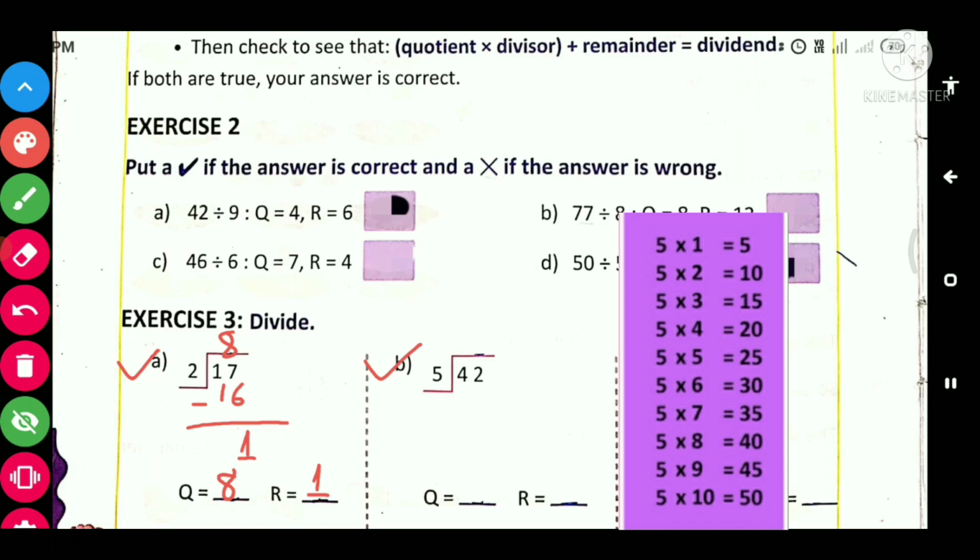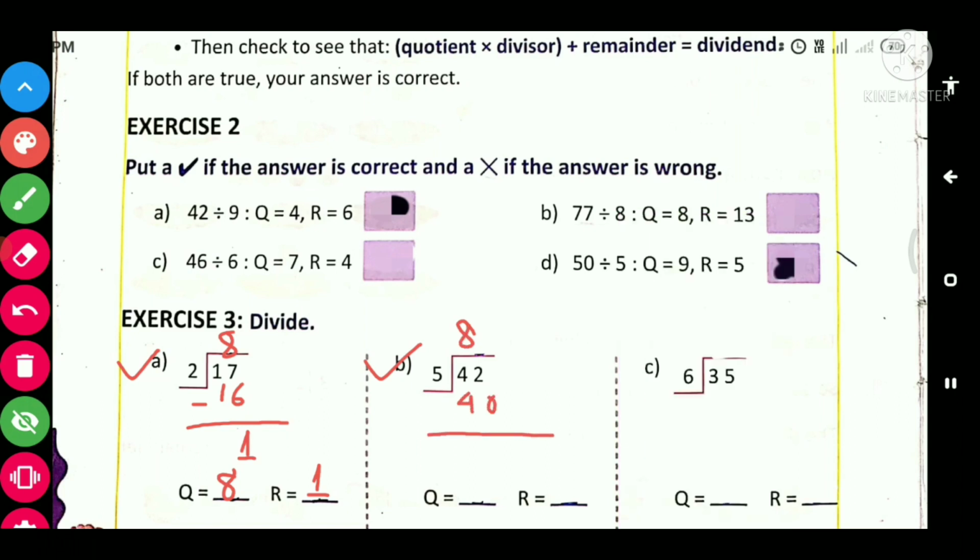And 40 is slightly less than 42, so we'll write that number. 5 eights are 40. Now we'll do subtraction. So 42 minus 40, it will be how much? 2. So our quotient will be what? 8, and our remainder will be what? 2, right?